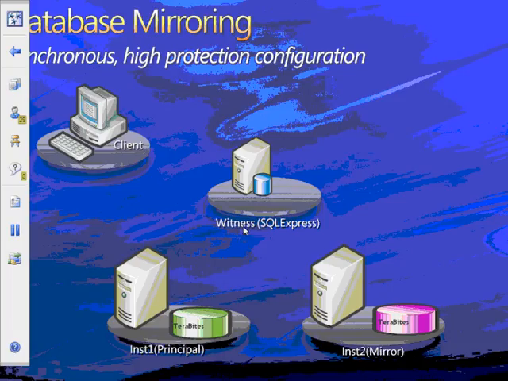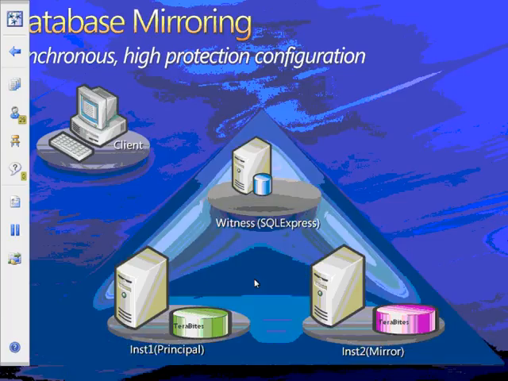But just to make a point here, as far as what is the common usage scenarios of Express, I have specifically chosen my witness to be on SQL Express. And the next thing I'm going to do is build a database mirroring quorum, meaning I will make sure these three nodes can talk to each other by sharing information relevant to application continuity.